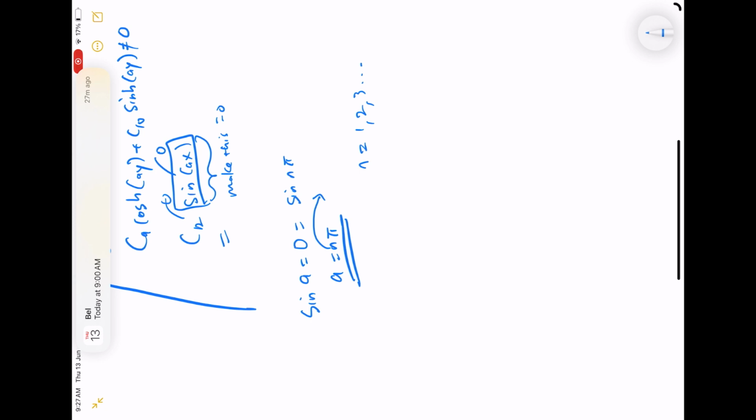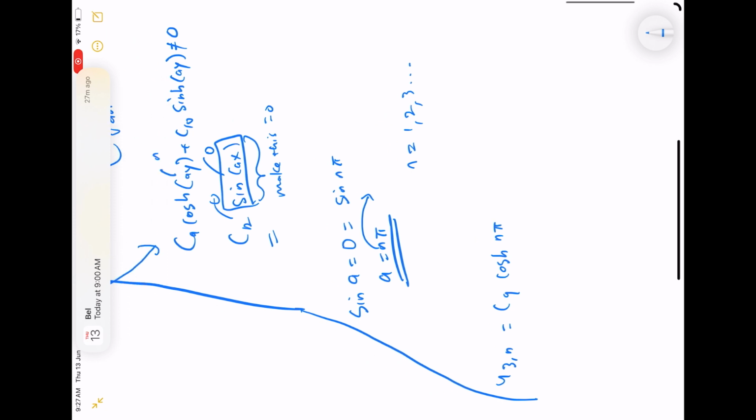So our new u3n is equal to c9 cos n pi y plus c10 hyperbolic sine.